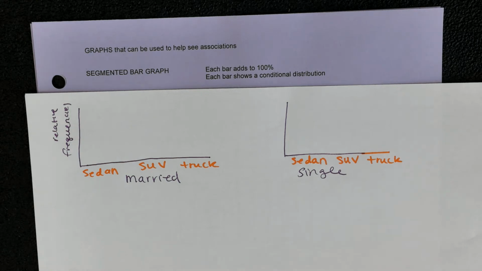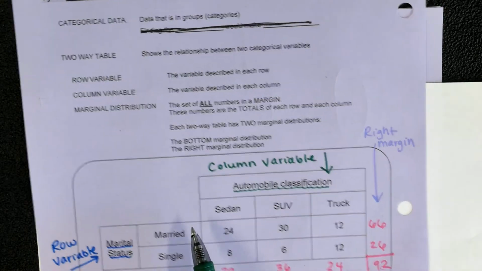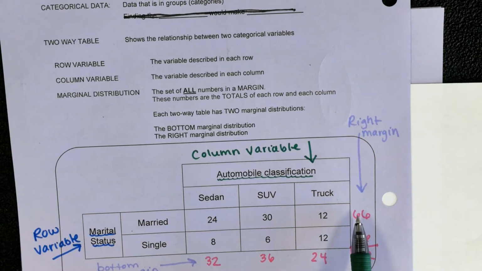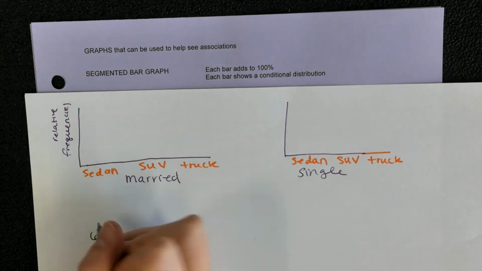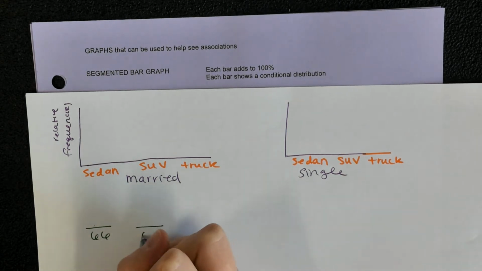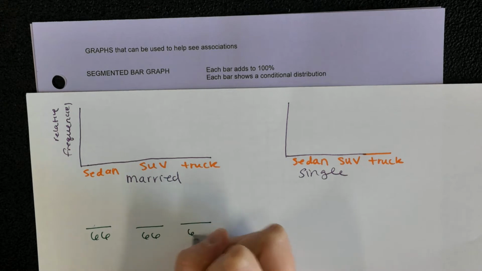The last page said, if you guys can look, how many people are married? And so you would want to look across the sheet right here and say, how many married people do I have? I have 66 married people.